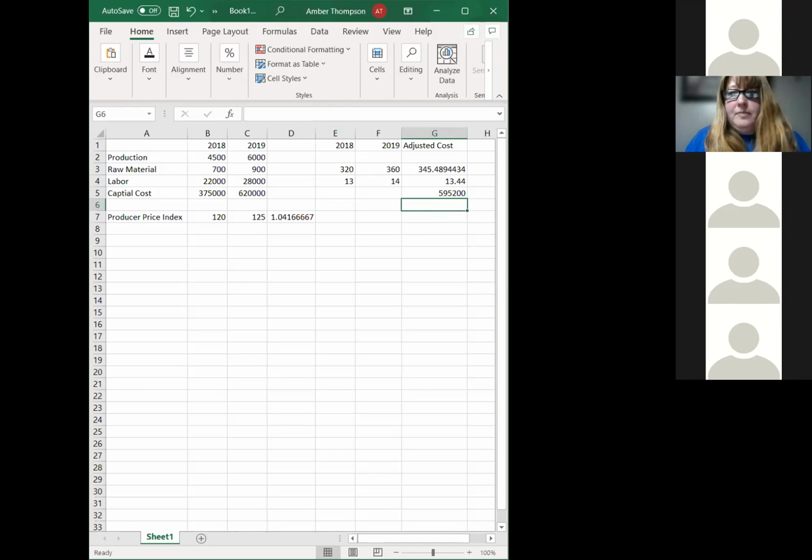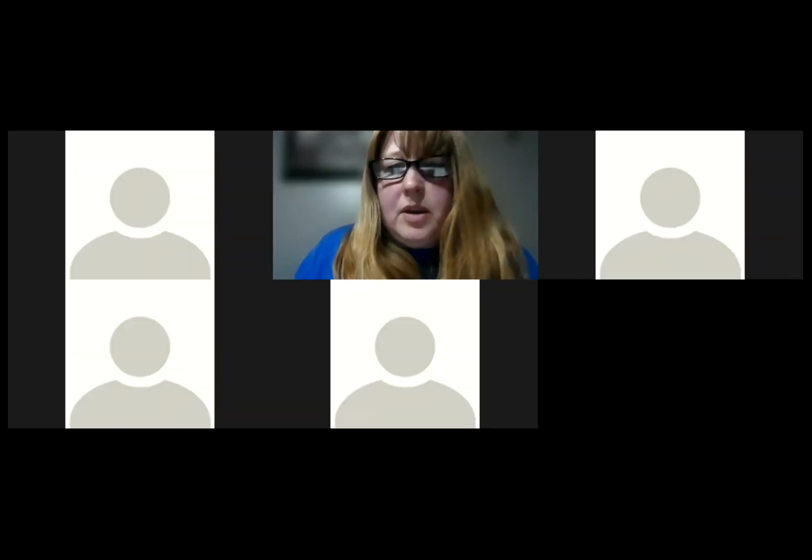Okay, I've got my solution sheet that I'm going to toggle over so you can see. I never expected you to go all the way through, but I'll show you the top part here. Let me see if I can get to that page now.